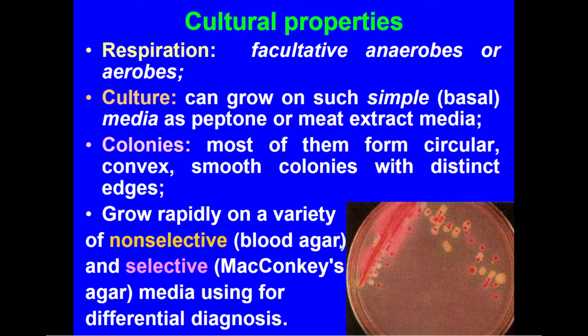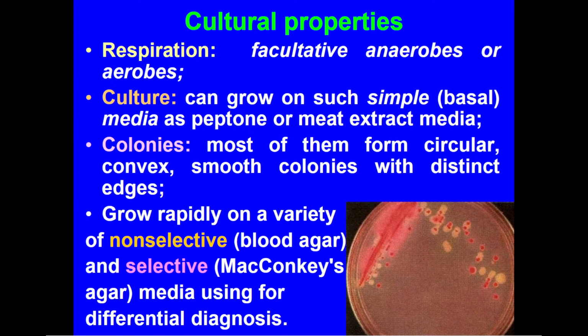But very often, because quite a lot of Enterobacteriaceae may cause enteric infections in the GIT, if we take feces as a specimen for examination, of course there are plenty of other bacteria. Then we need to selectively grow the particular gram-negative bacteria that we suspect cause disease.